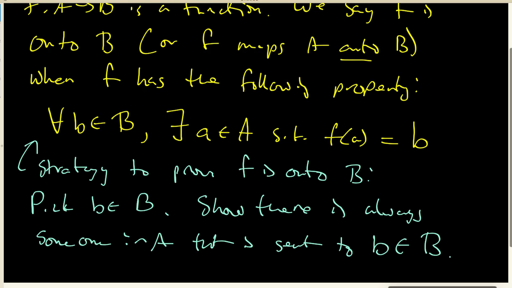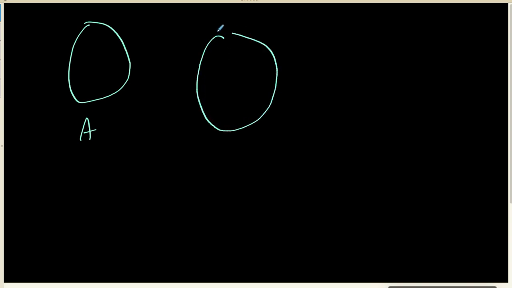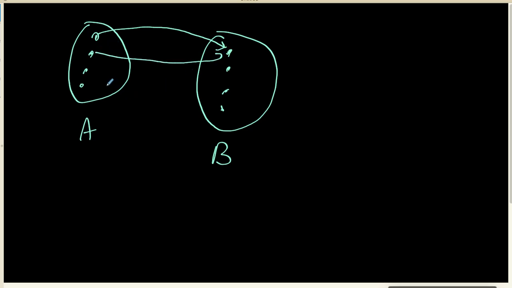Let's look at the arrow diagrams for onto functions. When we're organizing things in terms of onto functions, every one of these guys has to have at least one thing in A being sent to him. I'm going to actually send two things in there.